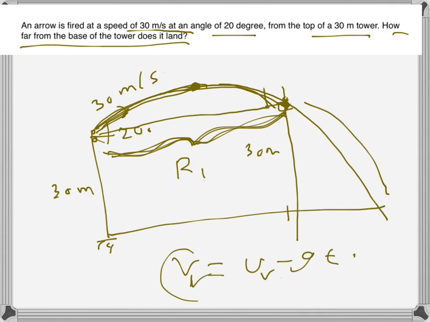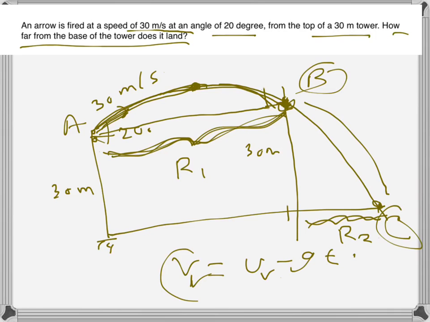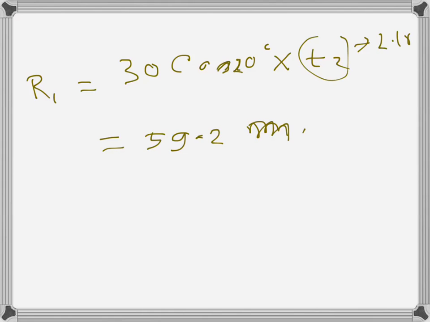Now we need to find this distance. Let's call it R2. In order to do that, we need to find again how long it takes for the arrow to reach from here to the ground. If we call this point B, this A and this C, how long does it take to go from B to C? That will be under gravitational acceleration, and we can use this equation, h = u vertical t plus half g t squared.